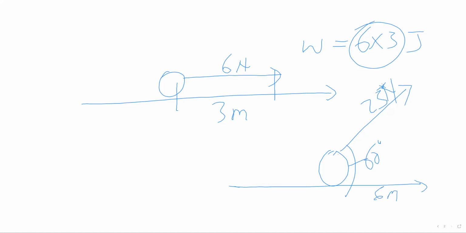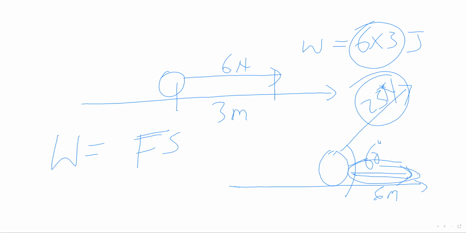Then I need to know the force in that direction, because for me to calculate work, I need to say work is equal to force times displacement. It's not this force here. It's moving in this direction. So using SOHCAHTOA, you say 25 cos 60, and then you multiply by 6. And whatever you find will be the work you're talking about. So please always bear in mind that the force and displacement must be in the same direction.